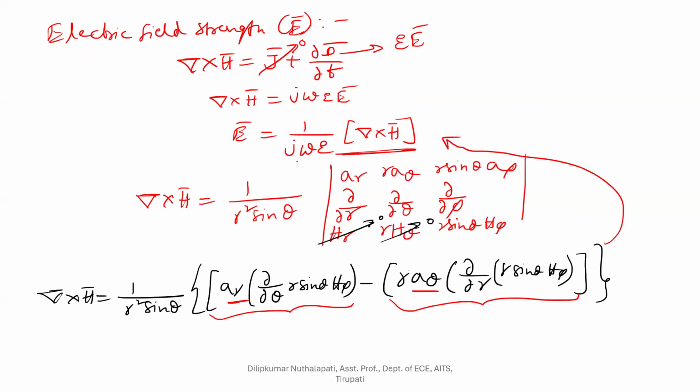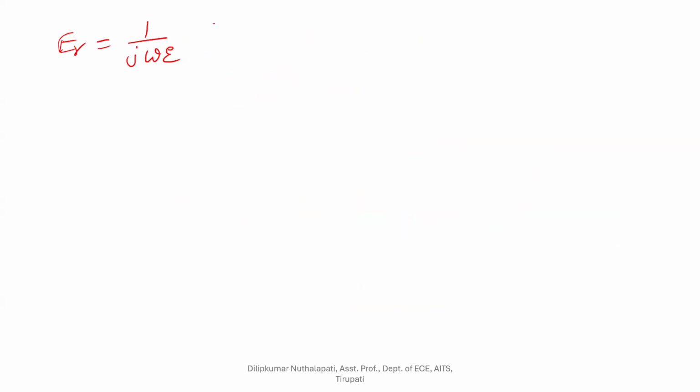So let us take only the E r component first. We have the scaling factor of 1 by j omega epsilon here, you can see. Considering only the r component, we can get 1 by r square sine theta dou by dou theta of r sine theta H phi. So substitute the H phi component from the previous slides.